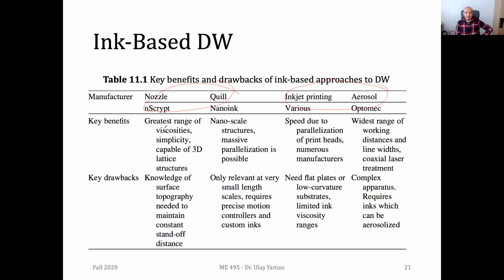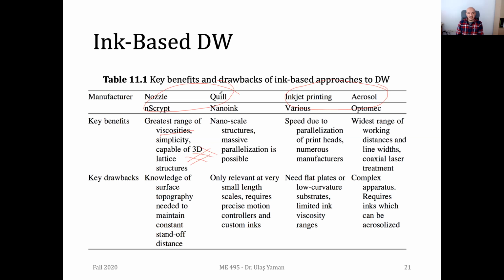What are the benefits of, for instance, nozzle dispensing systems? First of all, you can have materials with various viscosities. It's very simple, not expensive compared to some other ones, and you can easily make lattice structures. This is especially useful for scaffold manufacturing.